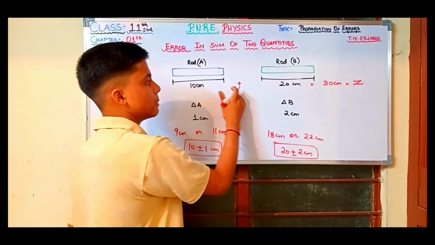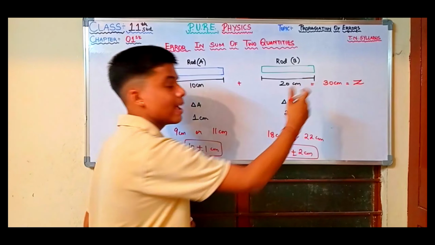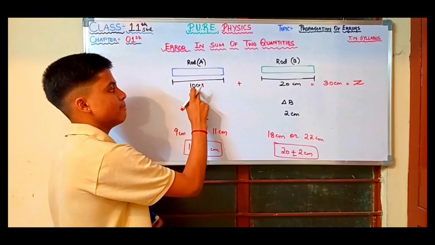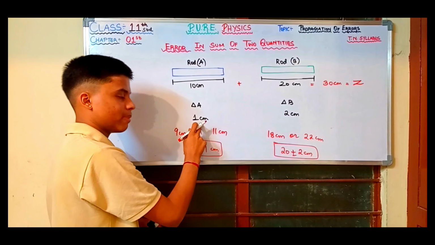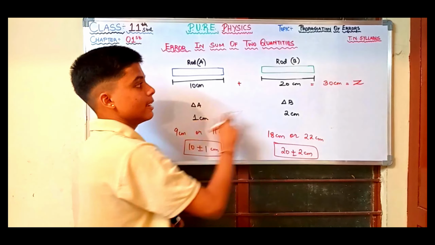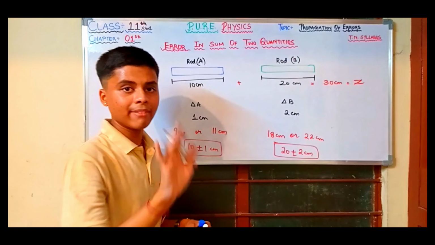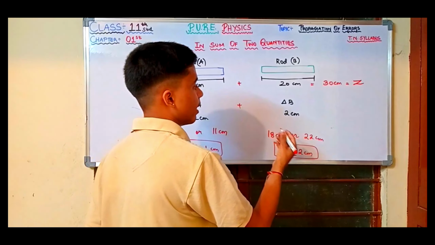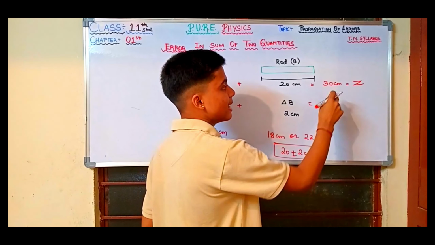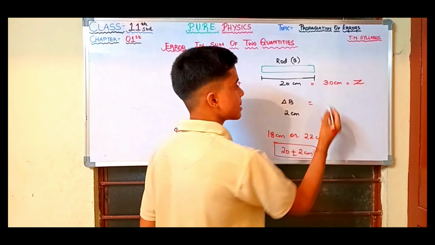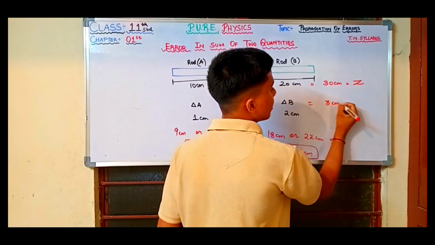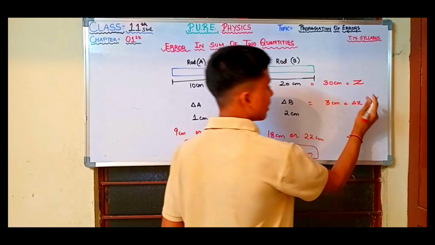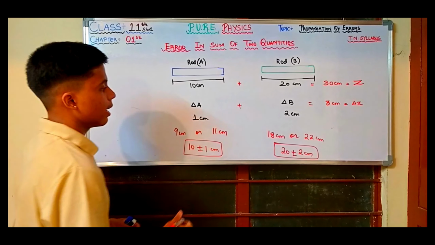If 10 centimeter plus 20 centimeter is equal to 30 centimeter, and this 10 centimeter has some error, which is 1 centimeter, then this 30 centimeter will also have error. So if we add both the errors, we will get the final error in the final calculation, which is nothing but 3 centimeter.